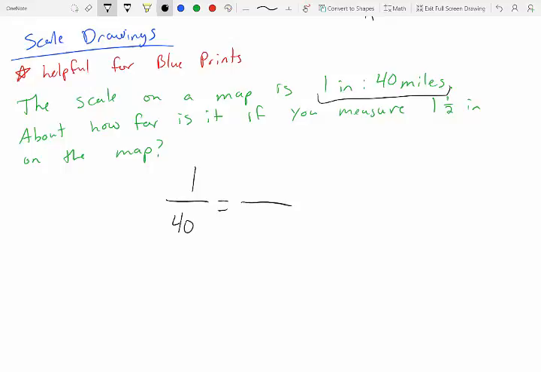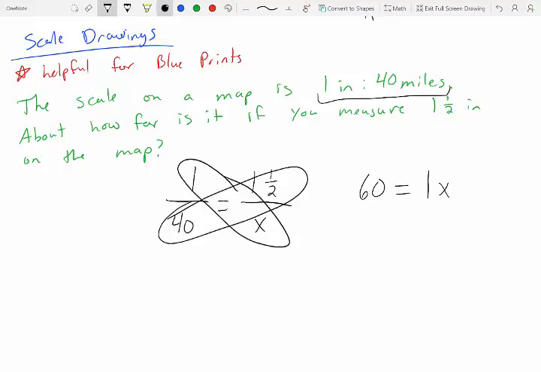About how far is it if you measure 1.5 inches on the map? Since I have inches on the top of my first ratio, I need inches on the top of my second ratio. I'm looking for an actual distance in miles, but I don't know it, so I'll say x. Cross multiply: 40 times 1.5 is 60, equals 1x. So my answer is 60 miles.